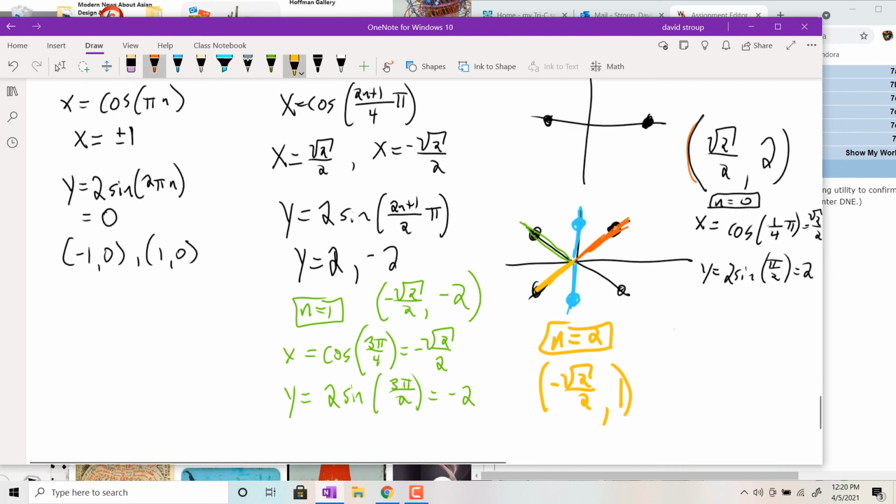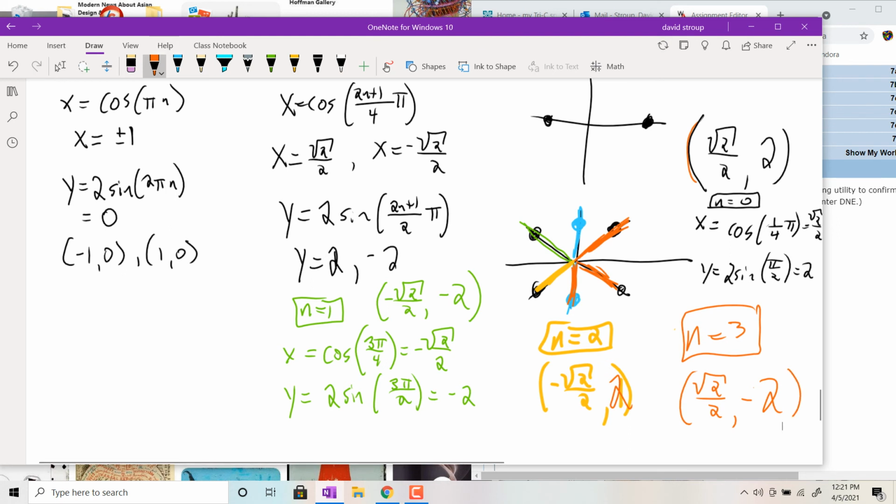And then for n equals 3, I'll write it in red, you're going to end up with 7 pi over 4, which is this angle here in the fourth quadrant. So it'll be positive root 2 over 2. But then the sign will be negative, because it'll be 7 pi over 2, which is down here. So it's negative, and this should be a 2, not 1.